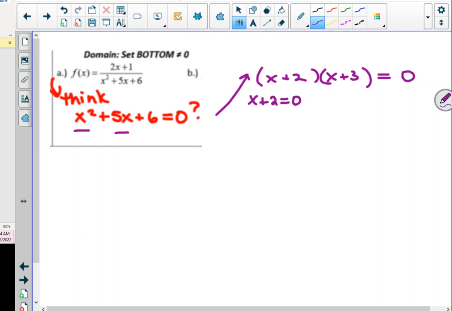And then from the factors, we get the roots, or the numbers that make the polynomial equal to 0. So x plus 2 equals 0 means if I subtract 2 from both sides, x is negative 2. And then the same thing with the negative 3.